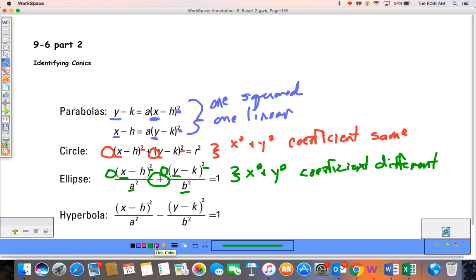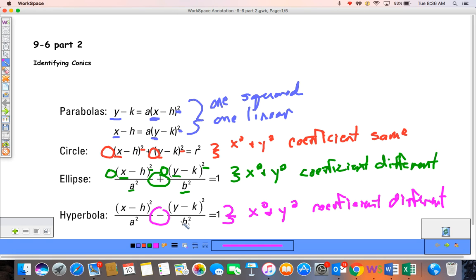And the hyperbola, guys, is very similar to the ellipse. You're going to have an x squared and y squared. You're going to have different coefficients because you have those fractions. Let's see if I can write here. The only thing that's going to be different about this is this right here, guys.